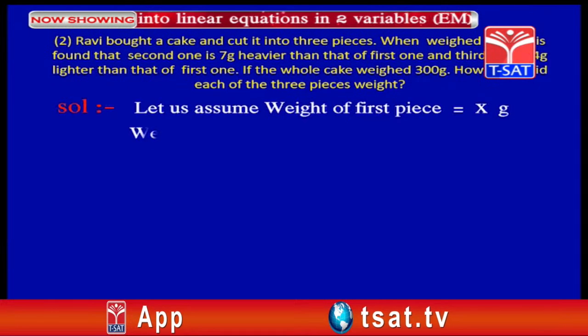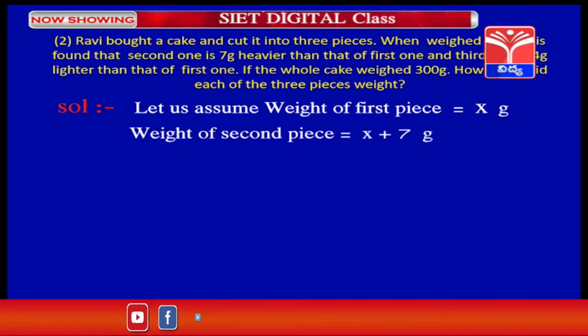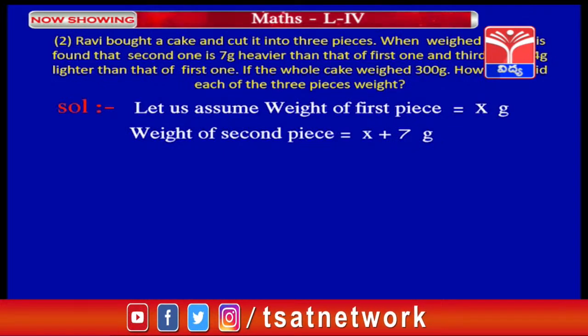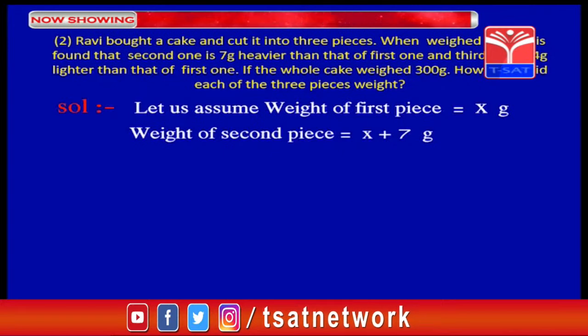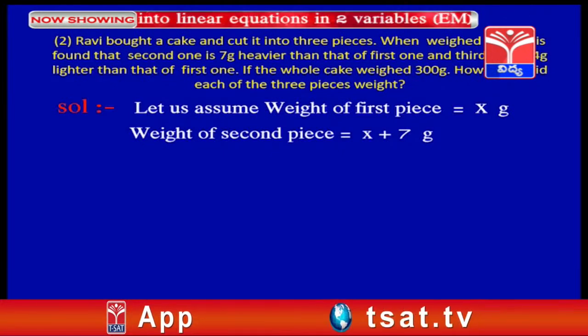Weight of the second piece is equal to x plus 7 grams, because it is given in the question that the second one is 7 grams heavier than the first one.